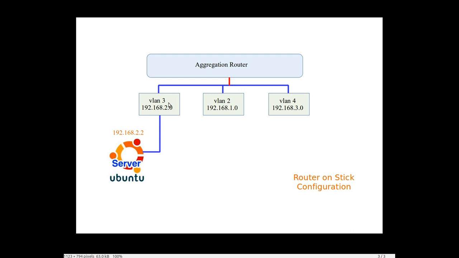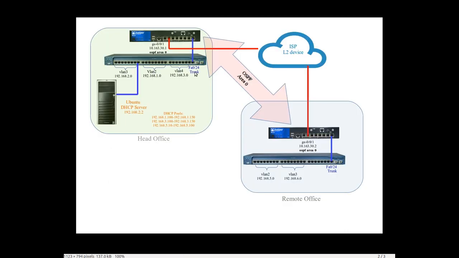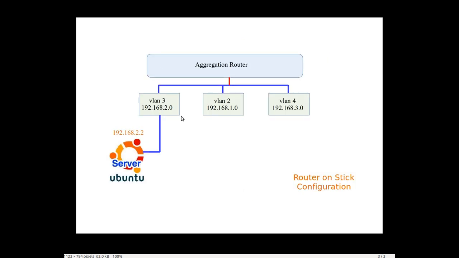So the switch interface, this is FastEthernet 24, is configured as a trunk and connected to interface 7 on the SRX device. So VLAN routing is implemented on an edge router. So let's take a look at the Juniper router on a stick configuration.